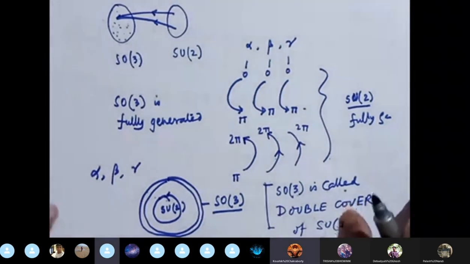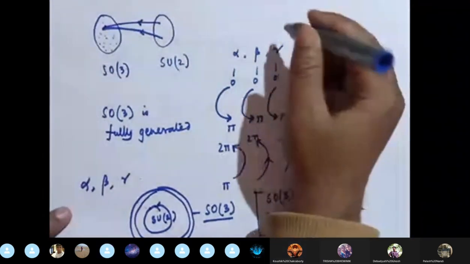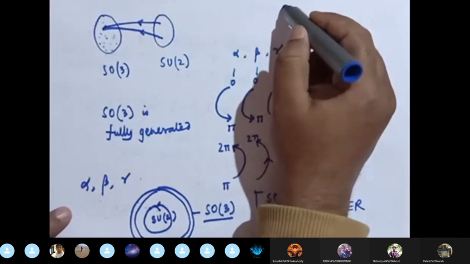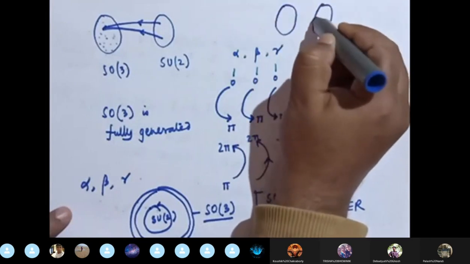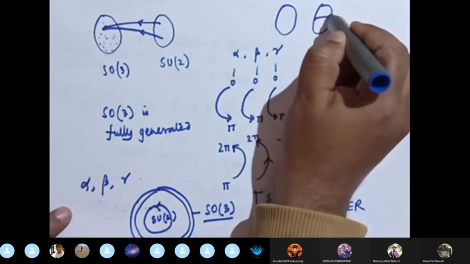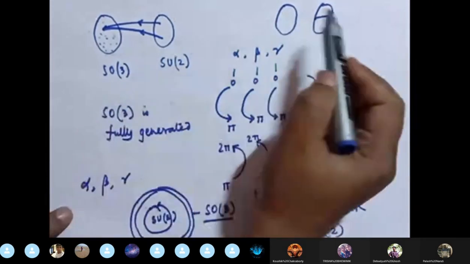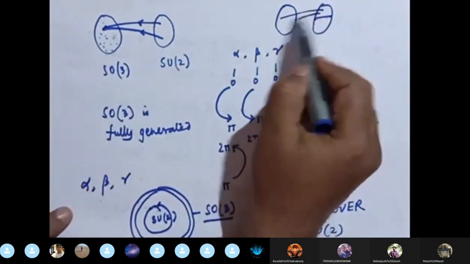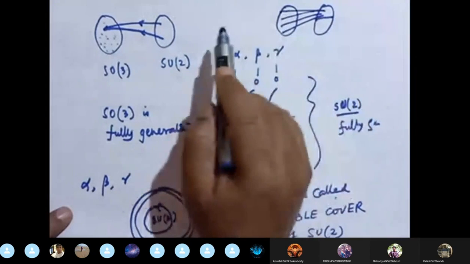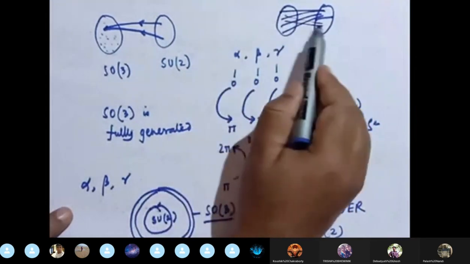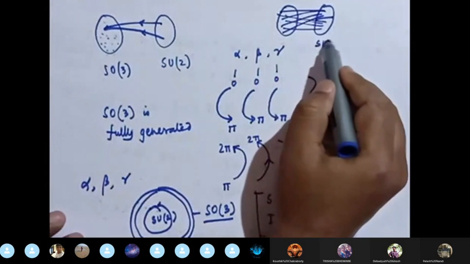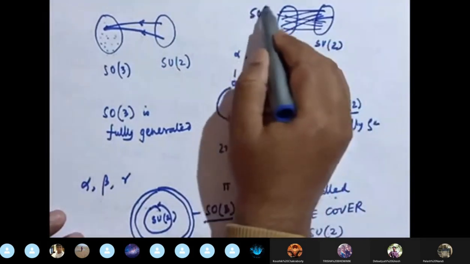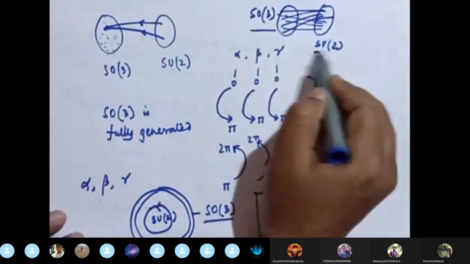You can think this half: one half is fully mapped into this, the other half is fully mapped into this. This is SU2, this is SO3. Clear?